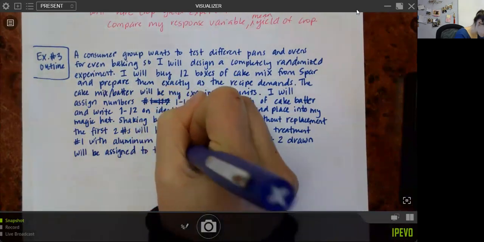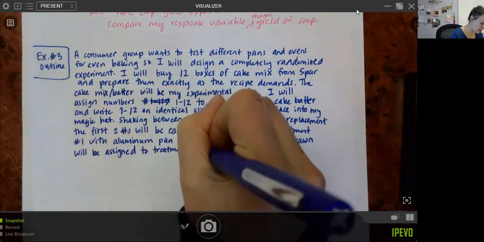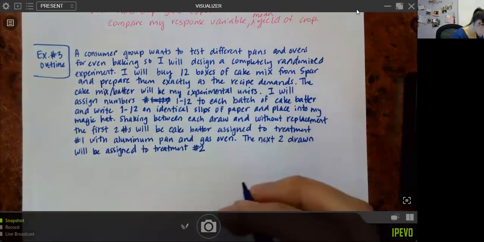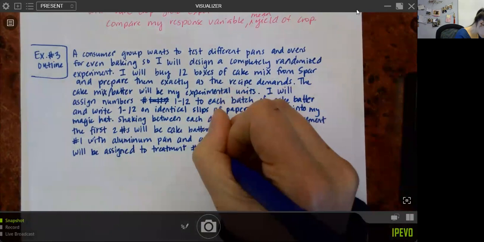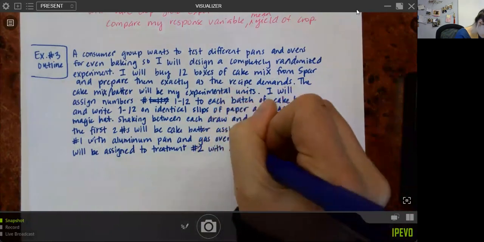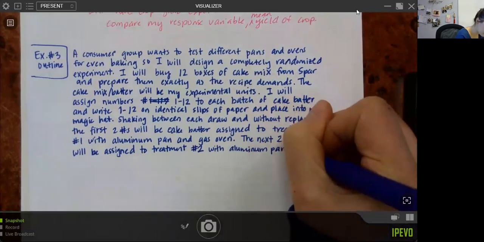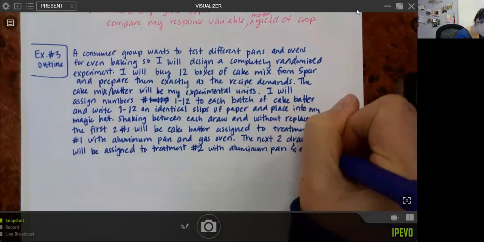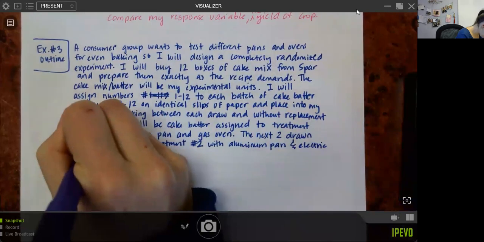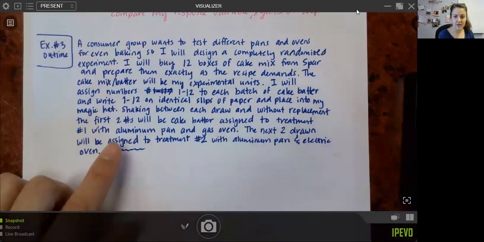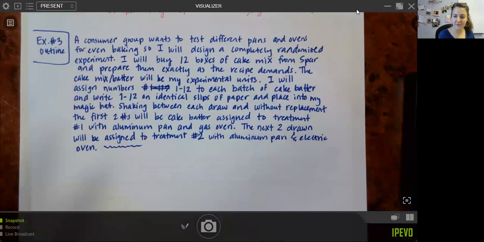All right, I've already started writing down what I'm going to do for treatment number 2. So the next two drawn will be assigned to treatment number 2 with aluminum pan and electric oven. Okay, now I'm going to do a little cheating thing here. On your homework or a test, you get the picture. I've explained enough by this point.